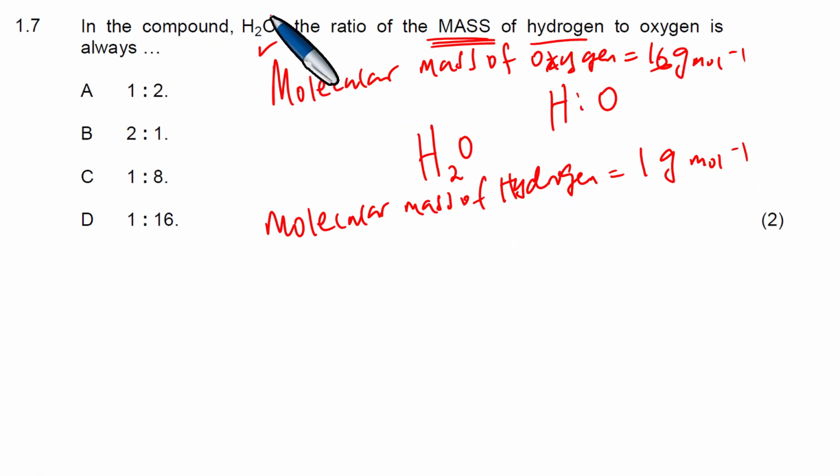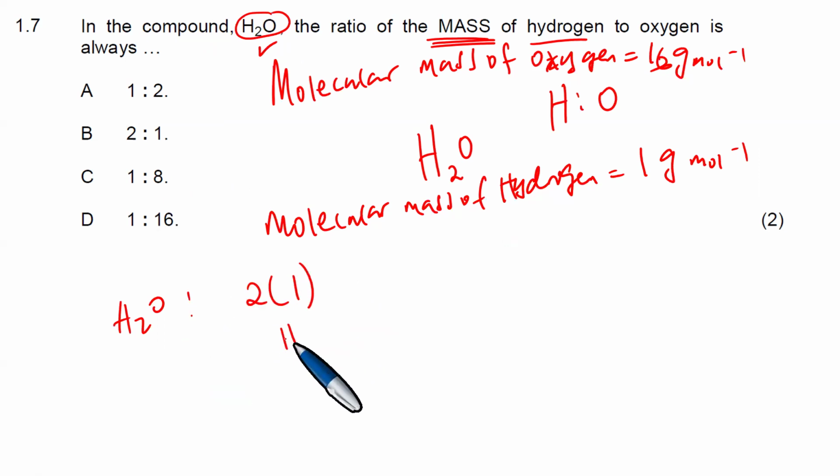Because now, if you're going to look at H2O, what do you think? 2 times 1 for hydrogen, and for oxygen it is 16. And so this is the same as the ratio of 2 is to 16.